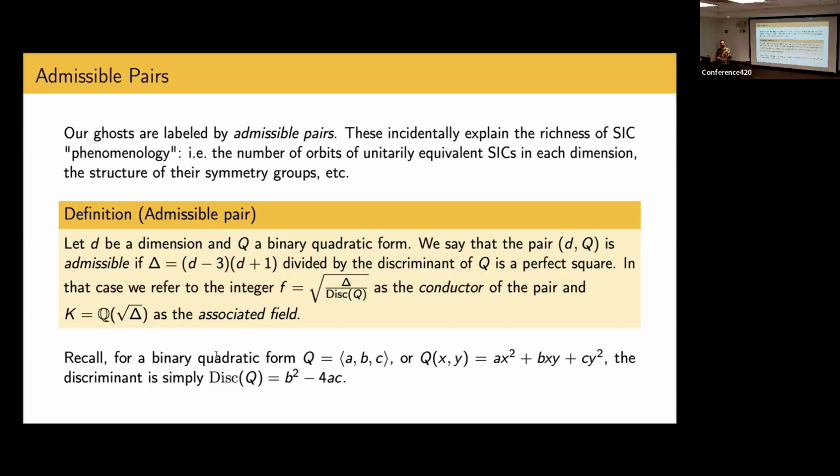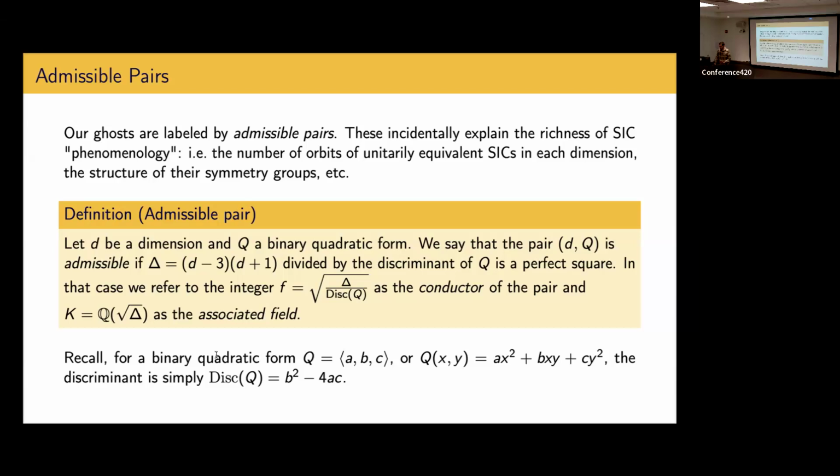All of these 1 through 53 examples that people had studied exhaustively, people were able to study what the symmetry groups were of these different SICs and various other properties of these things, and it looked like a hodgepodge of stuff that didn't make a lot of sense. These admissible pairs explain all of that.